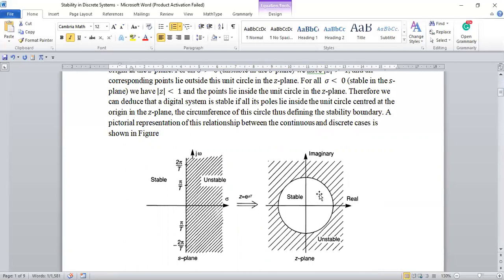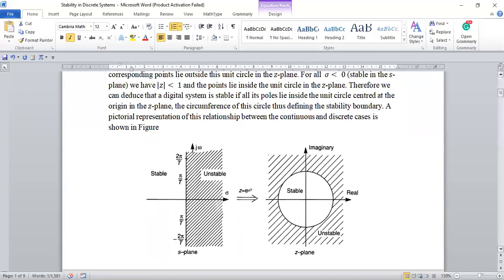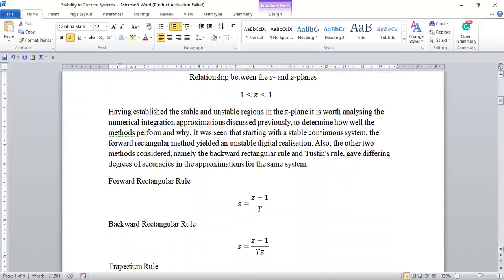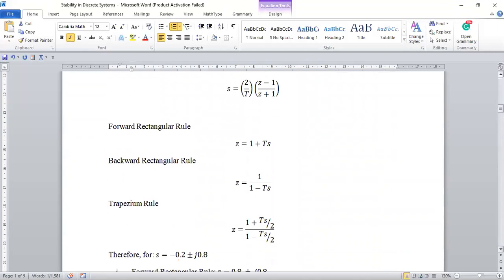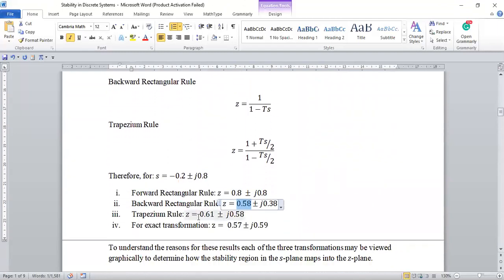So the point that it joins is around where my cursor is, and here is within the unit circle. So for the backward rectangular rule, the poles we got are stable poles. Then for the trapezoid rule, this particular one, when you plot it on the unit circle, you will see that it is also stable.